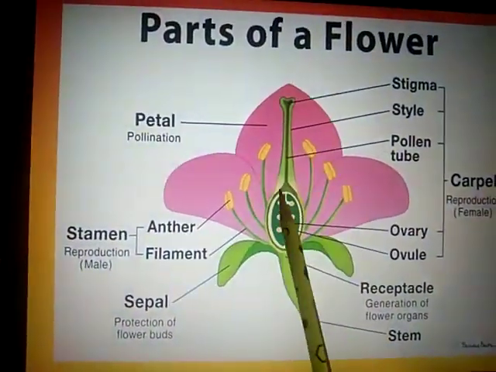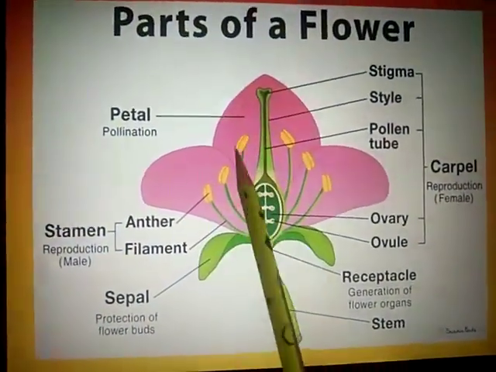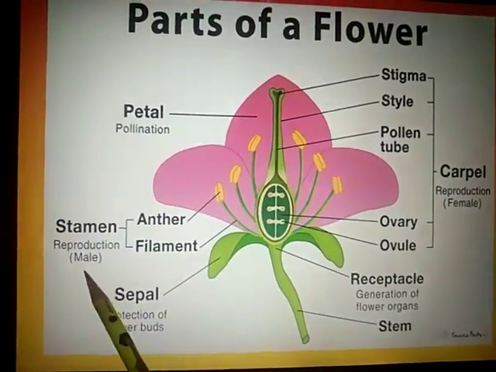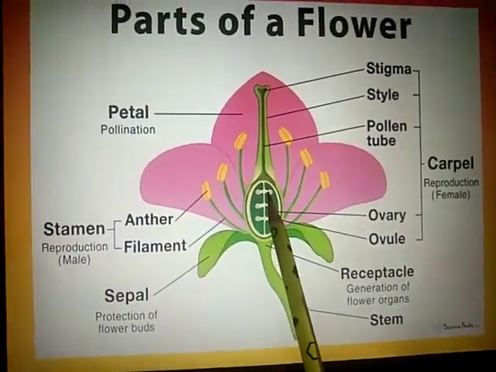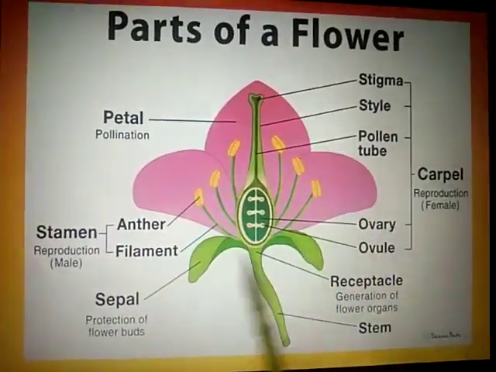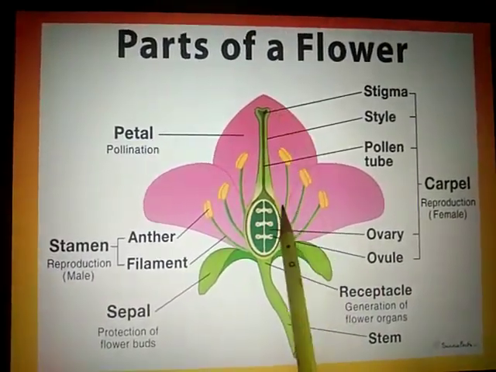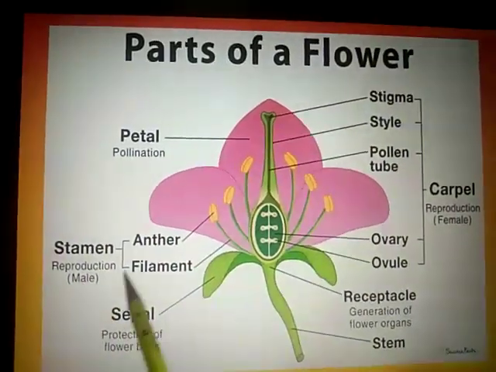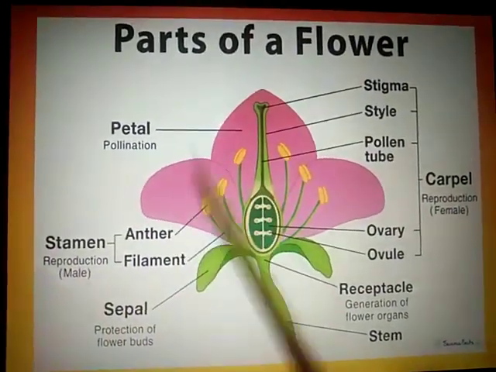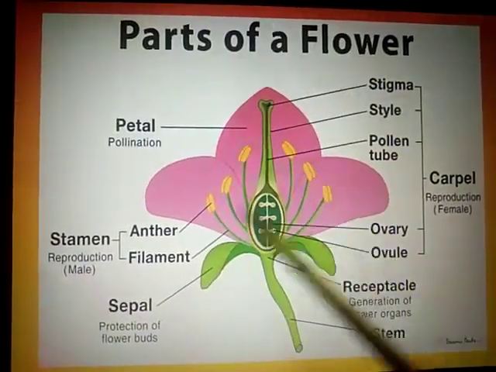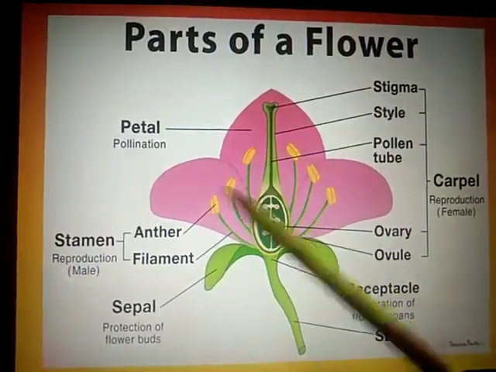This is a complete flower, as it has got both the male part and the female part. So, this flower can undergo self pollination, but the flowers which do not have both the parts, that is the incomplete flower, generally undergo cross pollination.